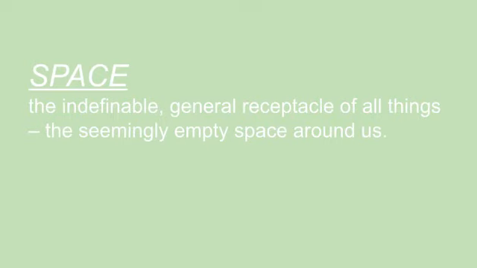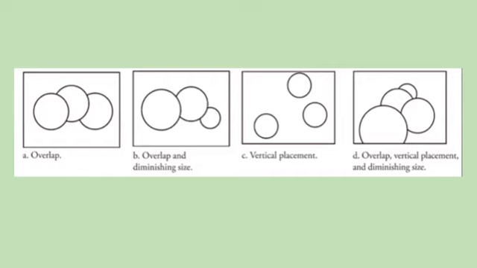But I want to show you that even with space, you can have implied space in a two-dimensional aspect. So here we see how to play with two-dimensional implied space to create depth. In the diagrams, you have different variations and different sizes and placements of circles.